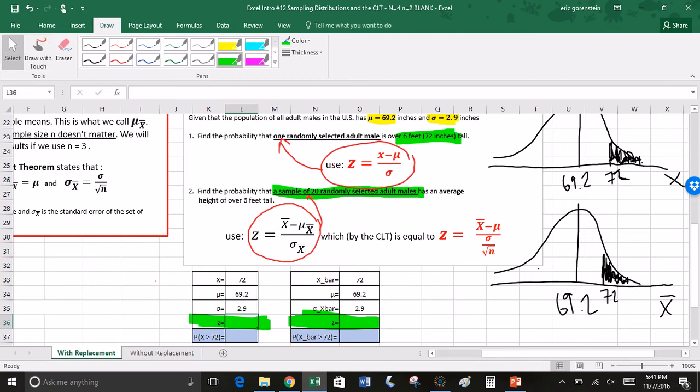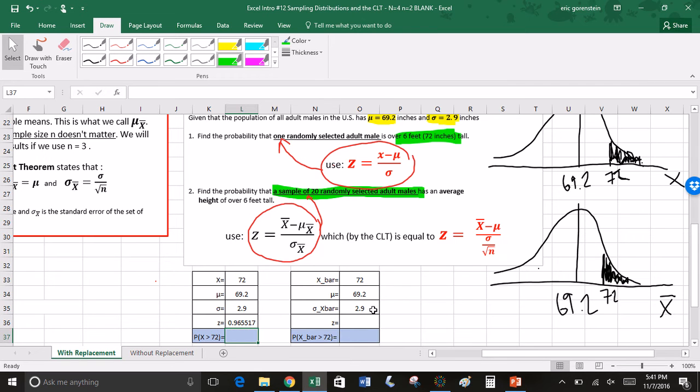So in this first case, I'm using x minus the mean divided by the standard deviation. So the area to the right of 0.97, approximately 0.97.